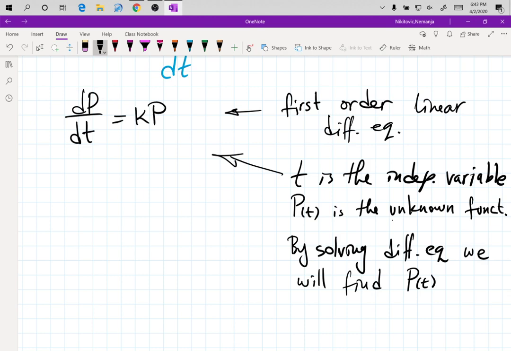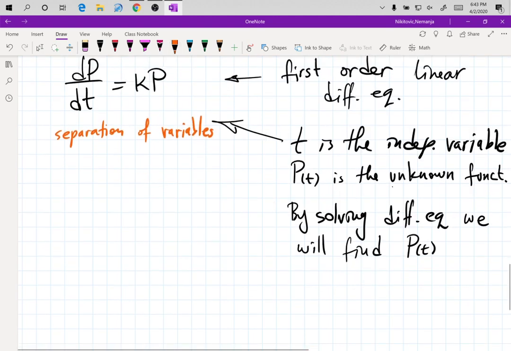So what do we do? Well, 9.3 is reserved for you to learn this method, separation of variables. And I really don't care if you get it now or not, because 9.3 is just teaching you that.